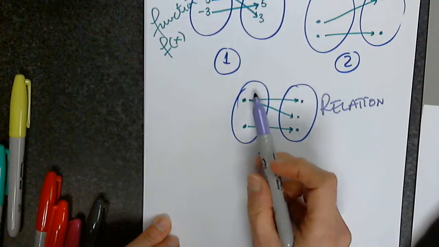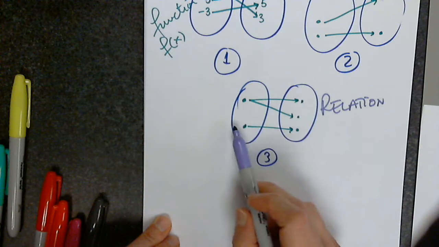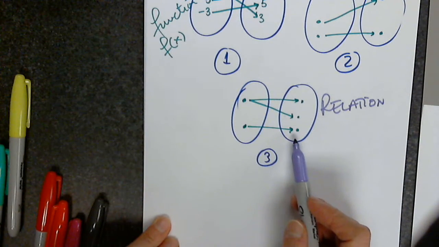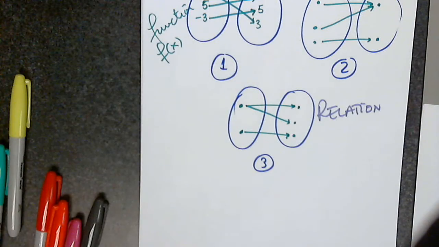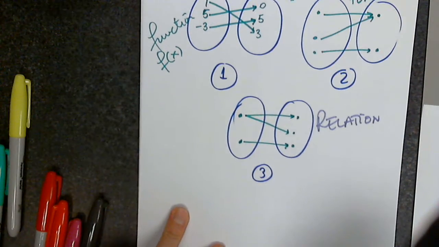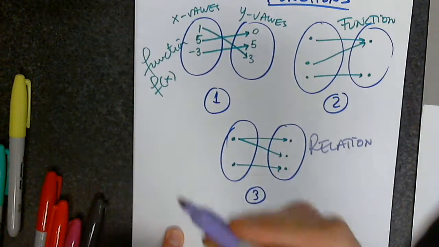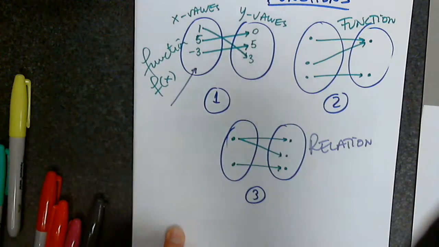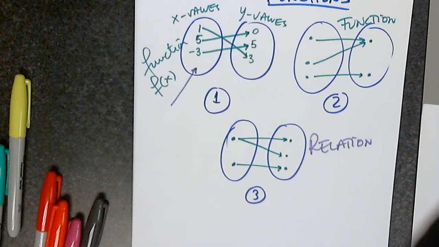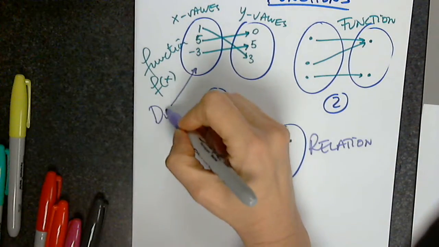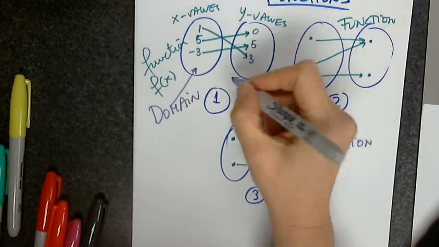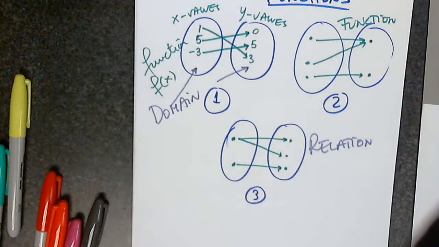This is still the x values, and this is still the y values. The bubble content is the set of x values or y values. Now, what is the name of this, where all the x values can be found? It has a specific name. I used it today. What is this?